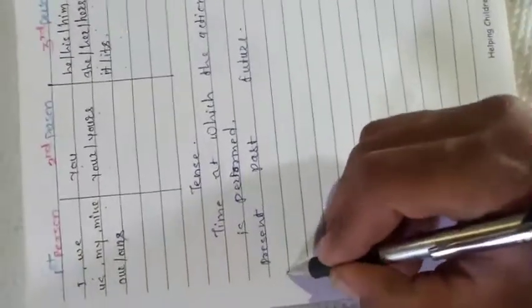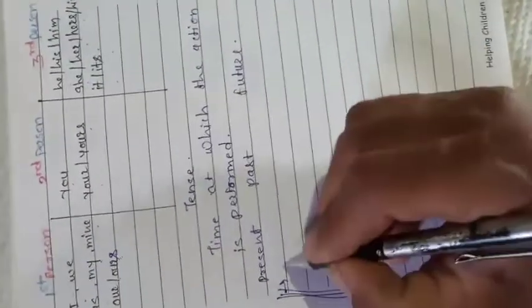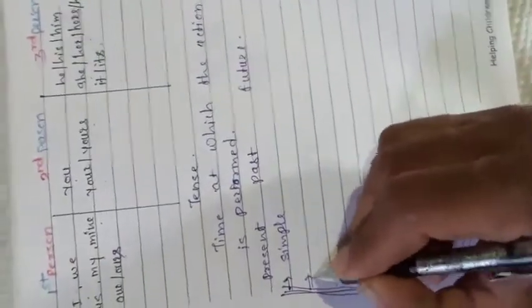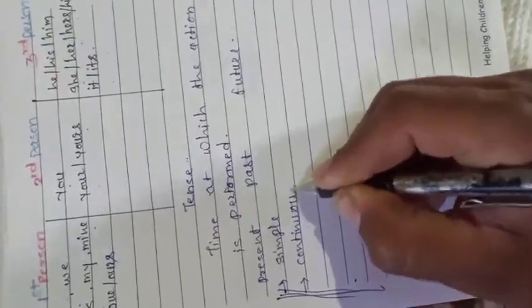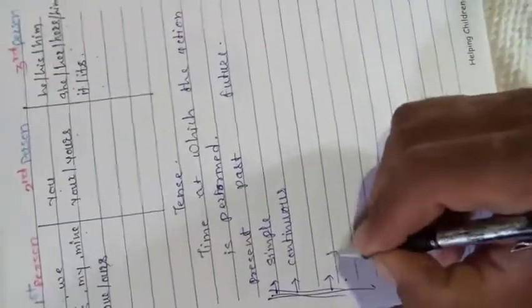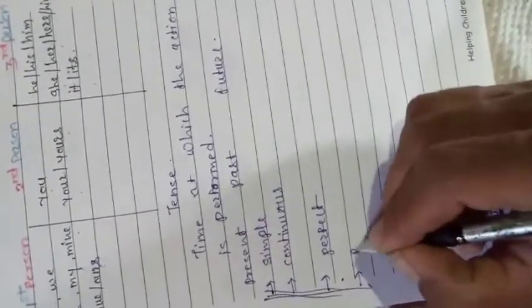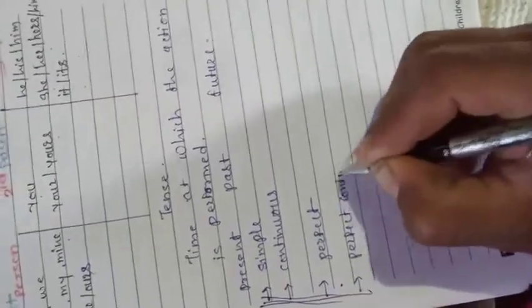Each tense has its subtenses: first is simple, second continuous, third perfect, and fourth perfect continuous.